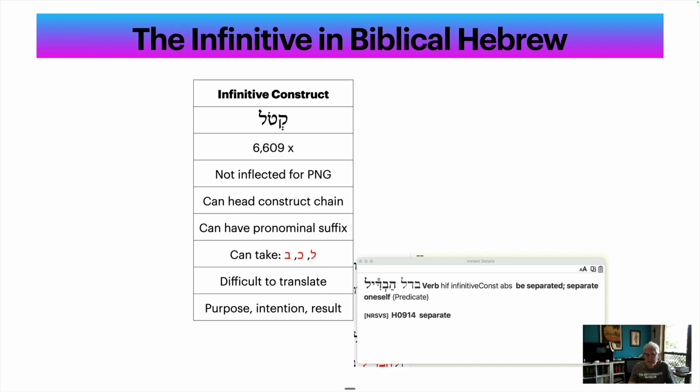So there's an example here coming out of Genesis, where we've got the verb havdil, which as the instant details are telling us, it's a verb. It's a hifil form of the verb. That's not surprising given there's a he on the front and the long hirik yod sound towards the end. And then it says infinitive construct, and it's in the absolute form.